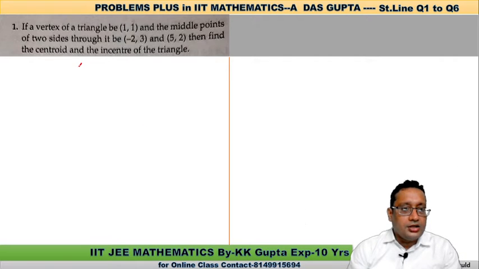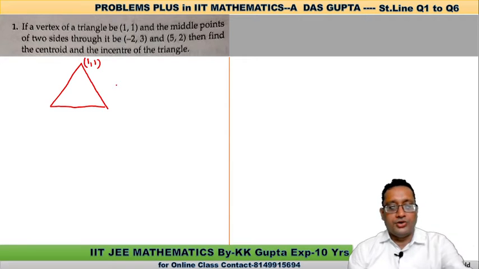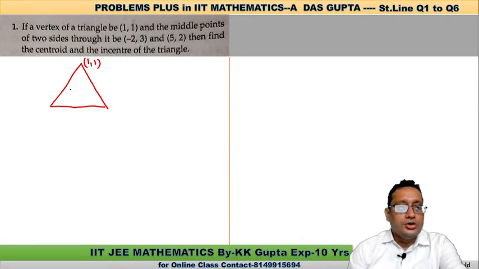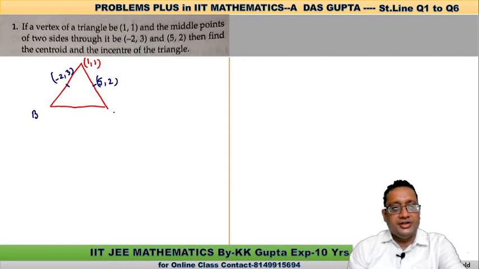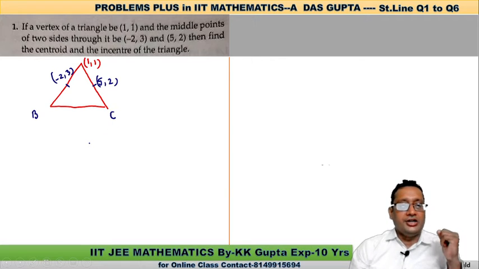So here one vertex is given, that vertex coordinate is (1, 1), and the midpoints of the two sides through it are (-2, 3) and (5, 2). So the other two vertices B and C I have to find out. Then only I can go for centroid and also for incenter.